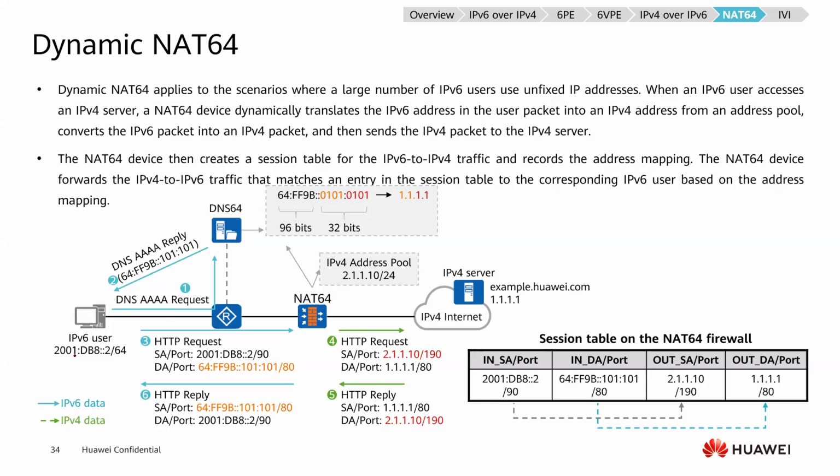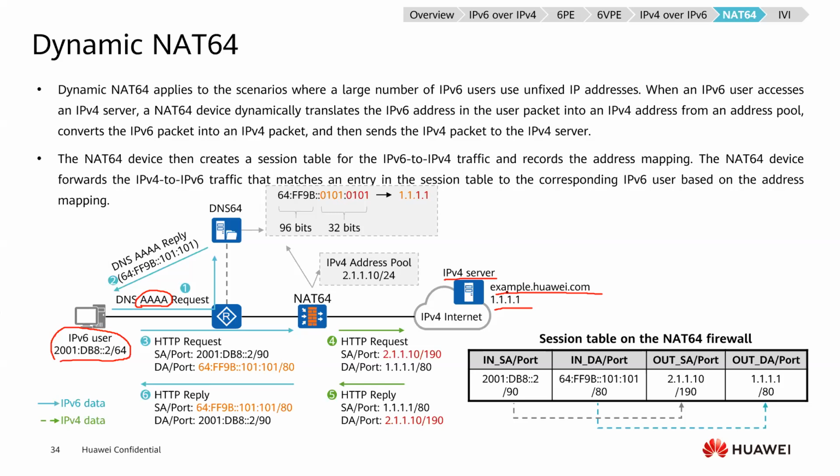This is the topology. There is the IPv6 user with an IPv6 address, and there is the IPv4 server, whose website is example.huawei.com with the IP address 1.1.1.1. When the IPv6 user wants to connect to this server, it will send a DNS AAAA request to the DNS64.